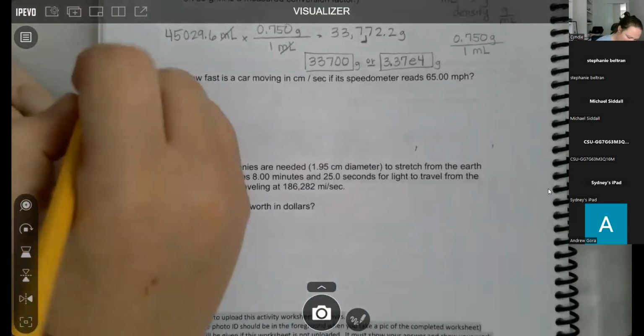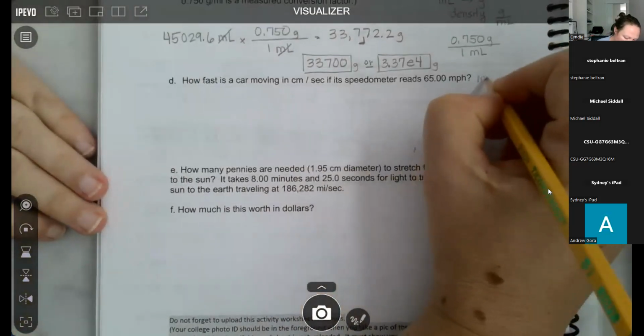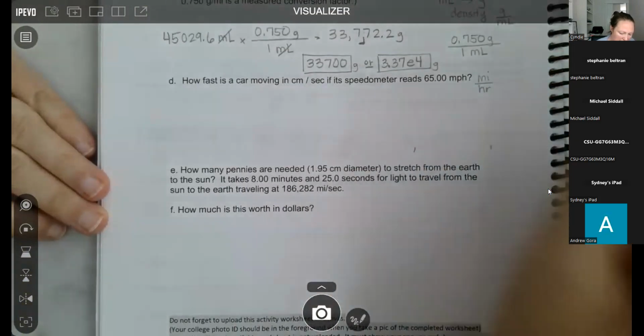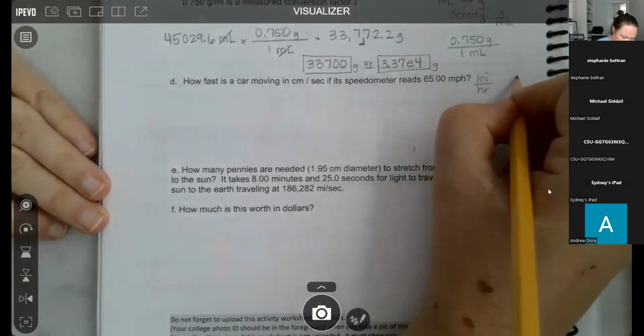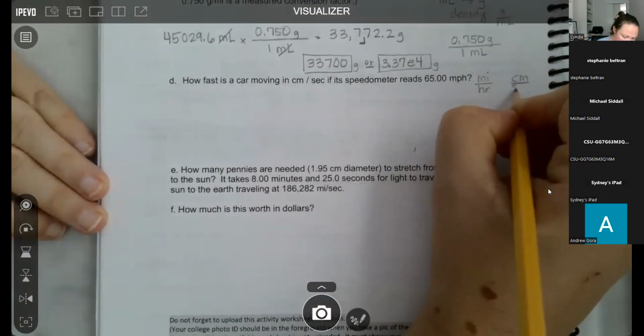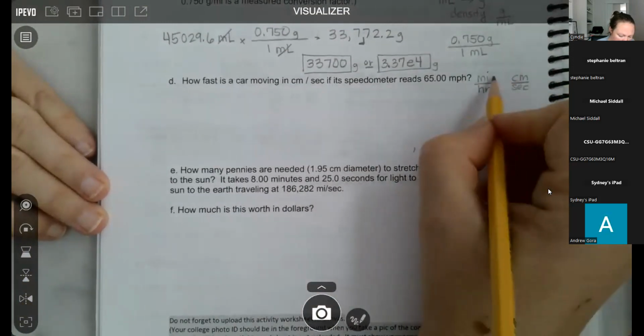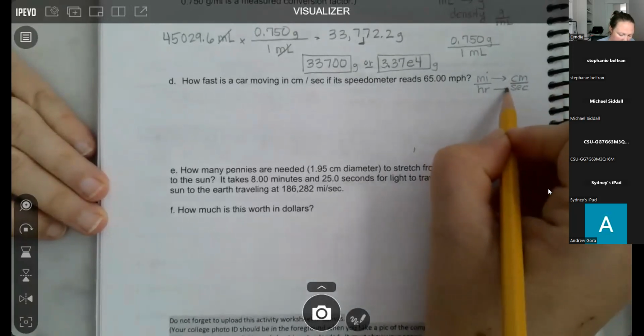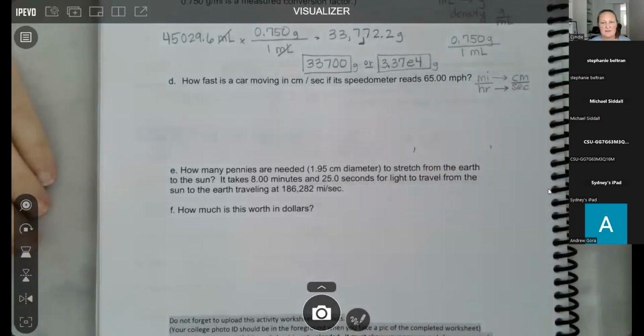So we are going to start with miles per hour. And we need to convert to centimeters per second, which means we need to convert miles to centimeters and we need to convert hours to seconds. So there are 2 units to start with, and 2 units to end with, and we have to convert them both.